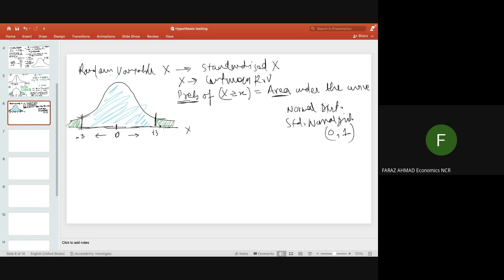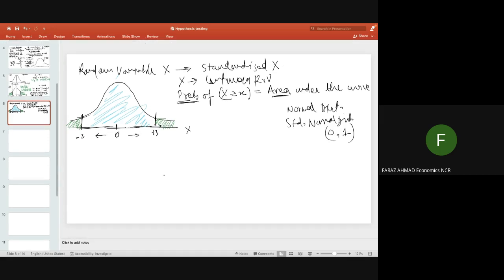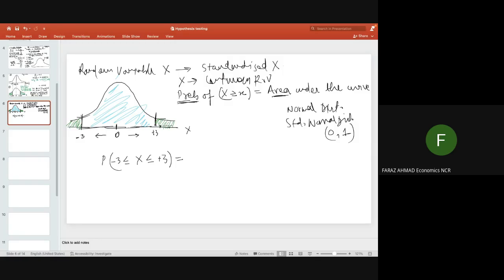So what is this probability all about? I can write it like this: probability of x being greater than or equal to -3 and less than or equal to +3 is equal to blue.